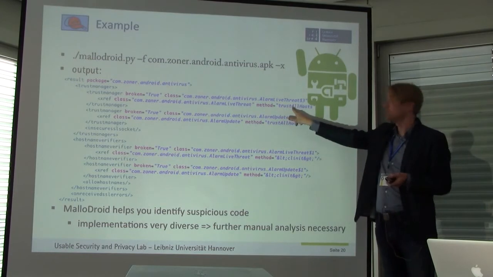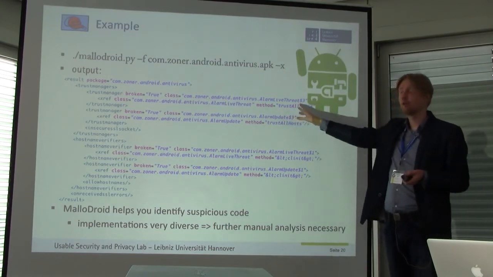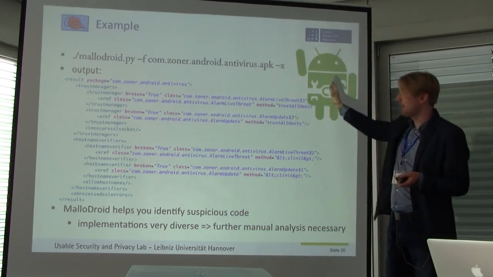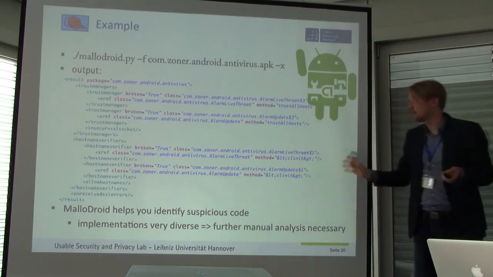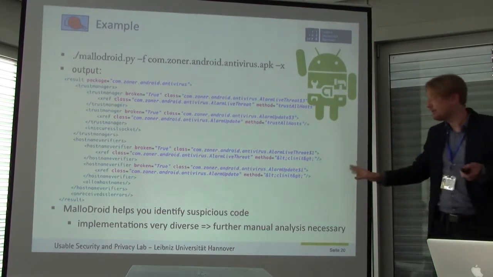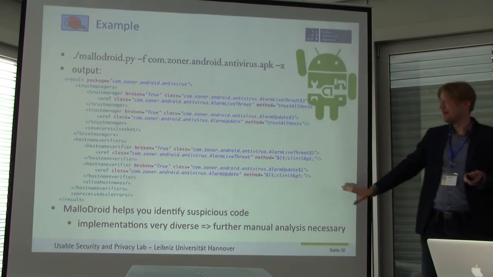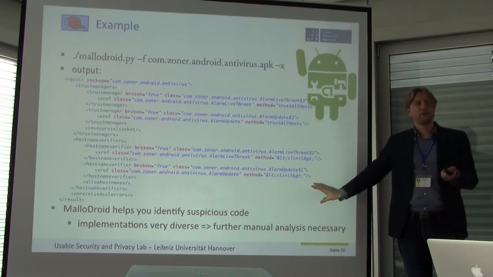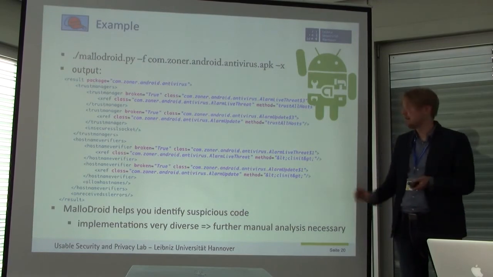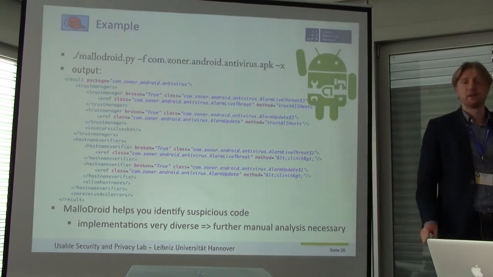And it'll give you the method which has the dangerous code in question. And as I said, it'll go through all those things and give it to you. However, it only finds the definite proof in some cases, but it does flag all the suspicious code, which you then have to go and look at yourself a little later.